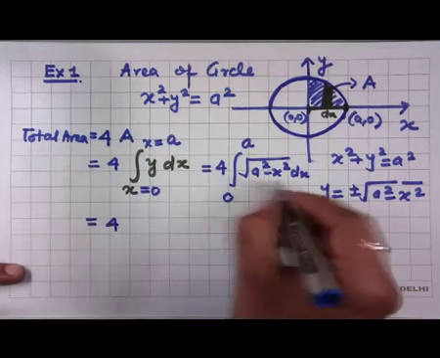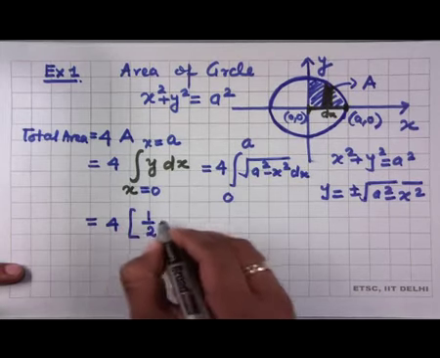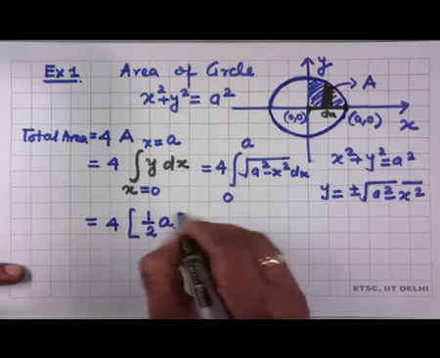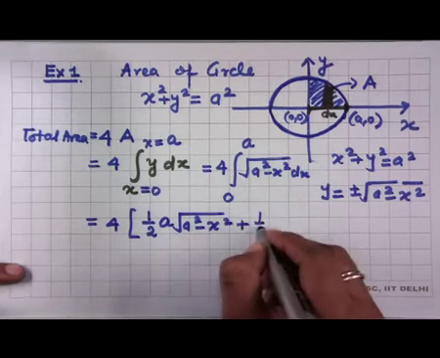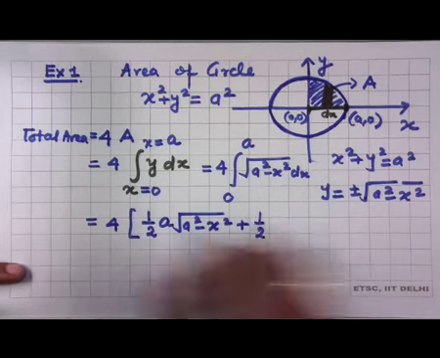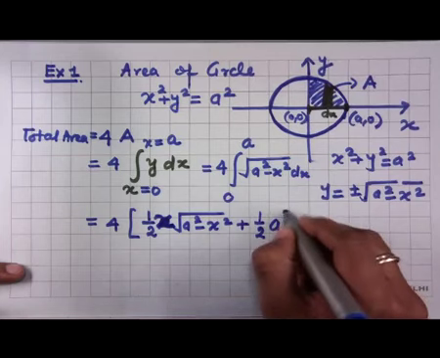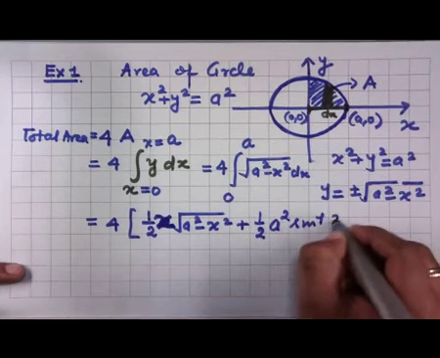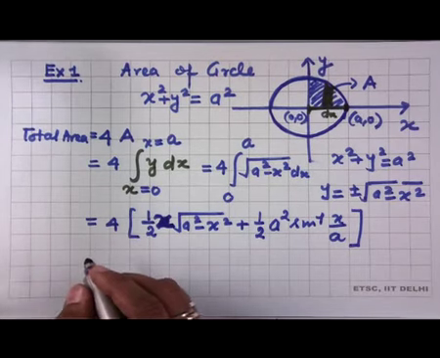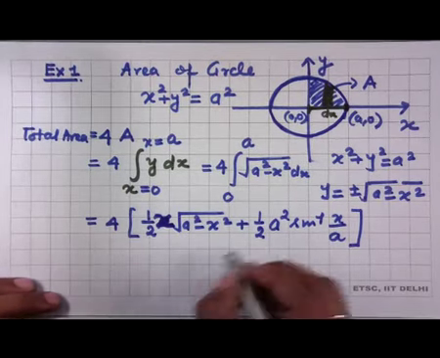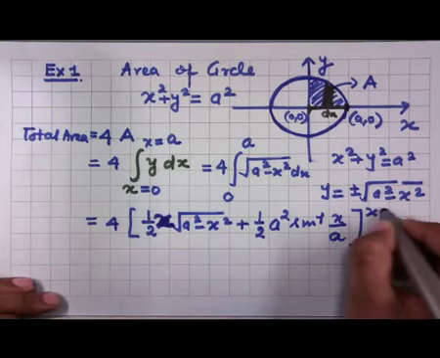Now integration of this is known to you, so you can directly put the value. This is x, so x goes from 0 to a.